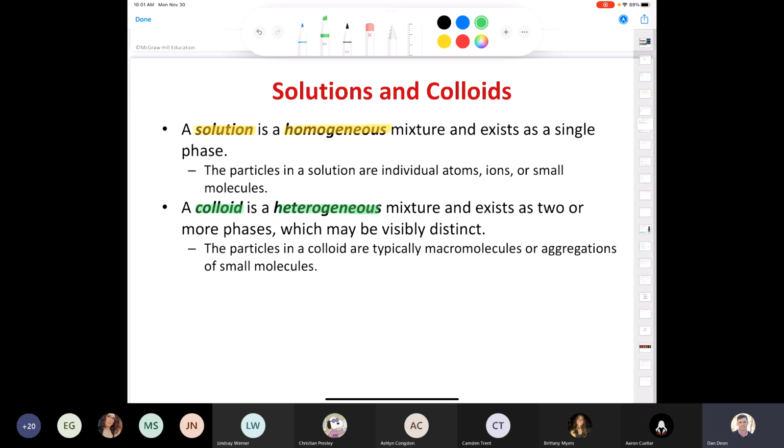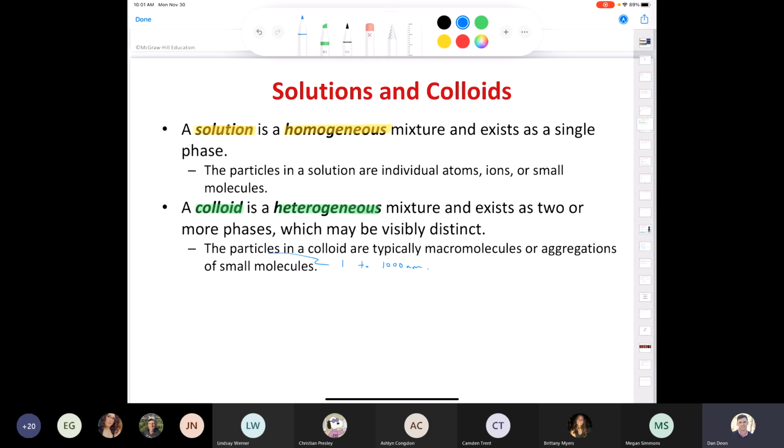It's a heterogeneous mixture and exists as two or more phases, which may be physically distinct. The particles in a colloid are typically macromolecules or aggregations of small molecules. The particles have sizes between 1 to 1,000 nanometers. Colloids are things like milky or muddy or soapy water.